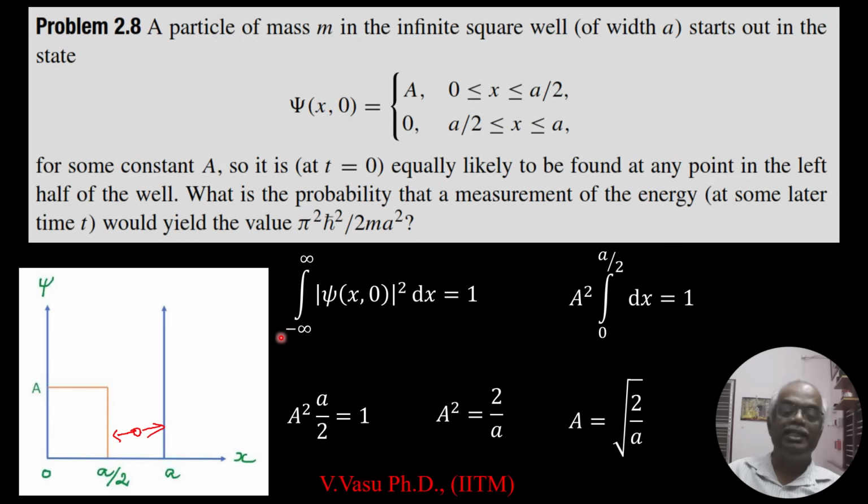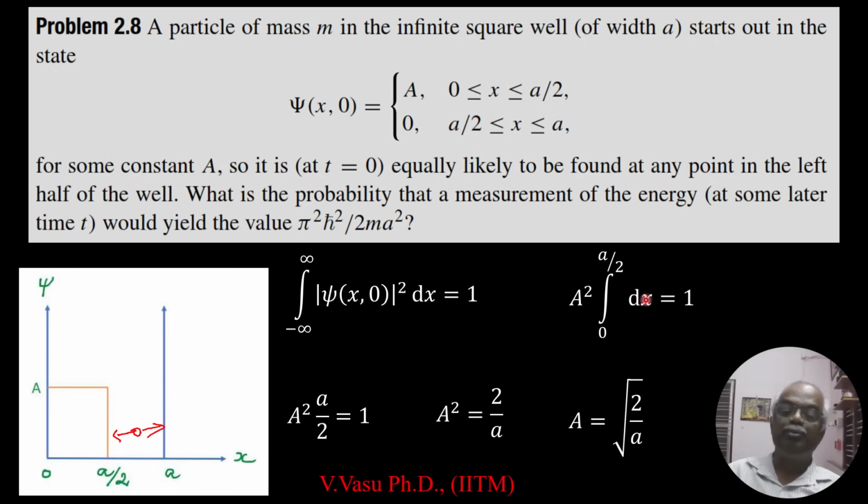First, we will find the normalization constant. That is, the integral between minus infinity to plus infinity of modulus psi squared dx must be equal to 1. Here, between 0 to a by 2, the wave function is A. So you can take A squared integral dx equal to 1.